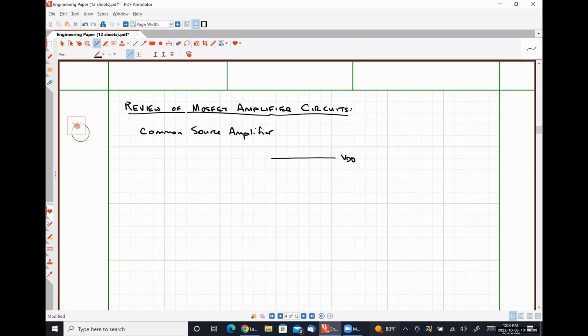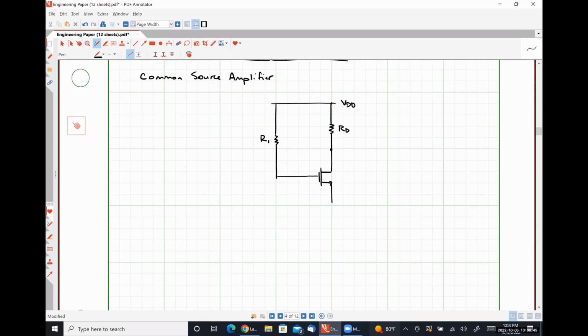So here's VDD. We have some drain resistance RD. We have some biasing resistance R1. Another biasing resistance R2.